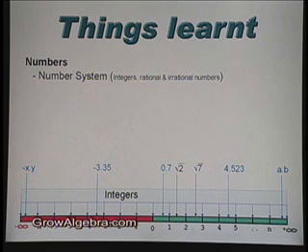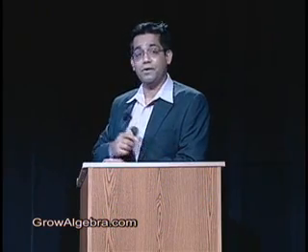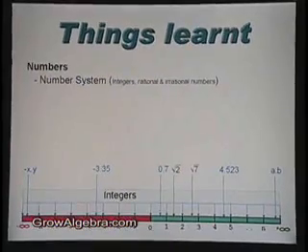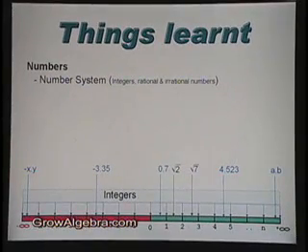Anything which cannot be represented as x divided by y is called an irrational number. We have integers, whole numbers, positive numbers, negative numbers, zero, infinity, and minus infinity. So this is all about our number systems.